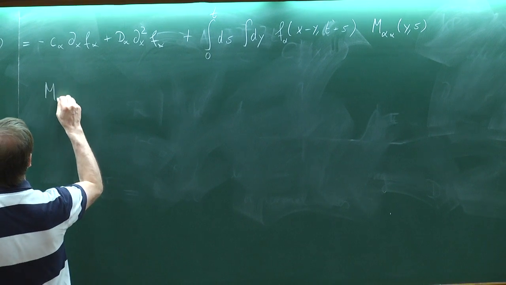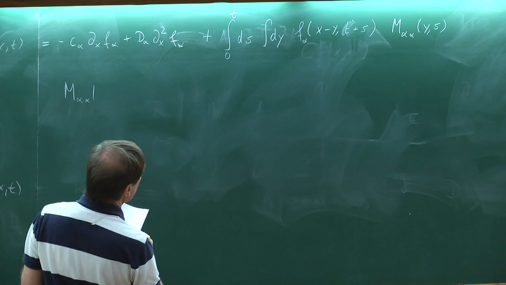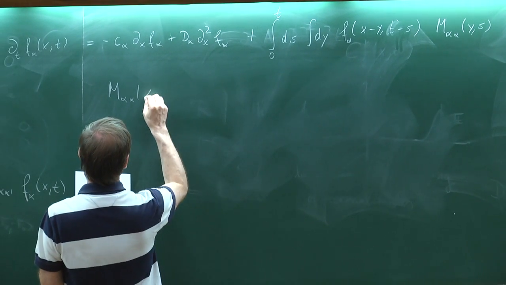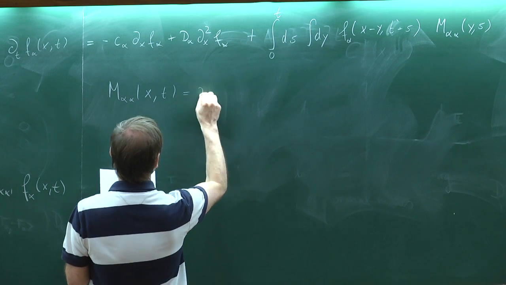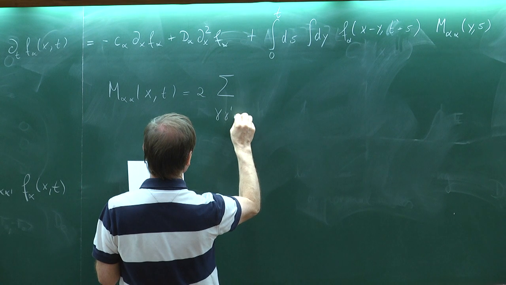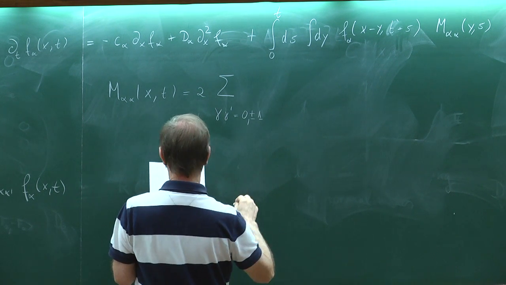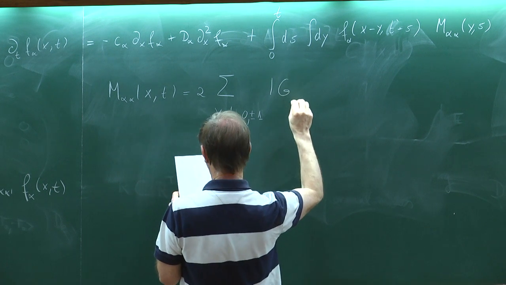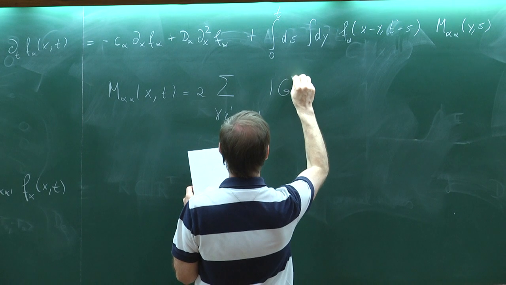So the M alpha of x of t, well, I wrote it in x of t, but you have to plug it in here with the correct coordinates. So it's a factor of 2. Then there's a summation over gamma prime equals all modes 0 plus minus 1. And then there is a g gamma prime. So these are these coupling coefficients, alpha.